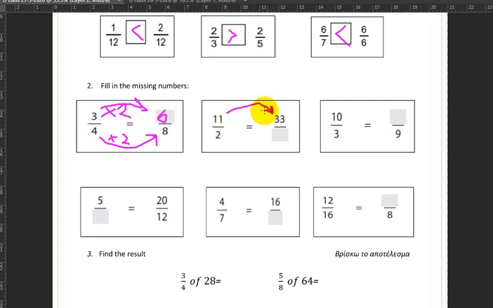Here we do 11 times 3 to get 33. And then we do 2 times 3, which gives us 6. Here we could do 3 times 3 to get 9.